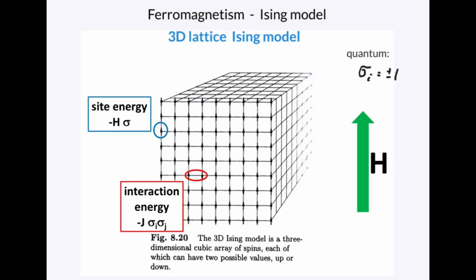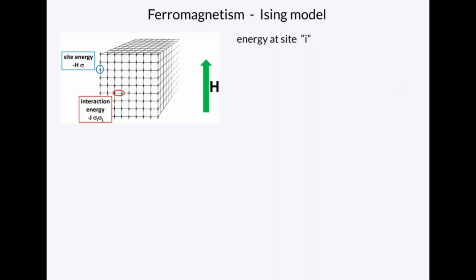Further, we assume that these magnetic moments are spins, the quantum unit of a magnetic moment, in which the value of the sigma_i's can be either plus or minus 1, corresponding to either parallel or anti-parallel to the external magnetic field.